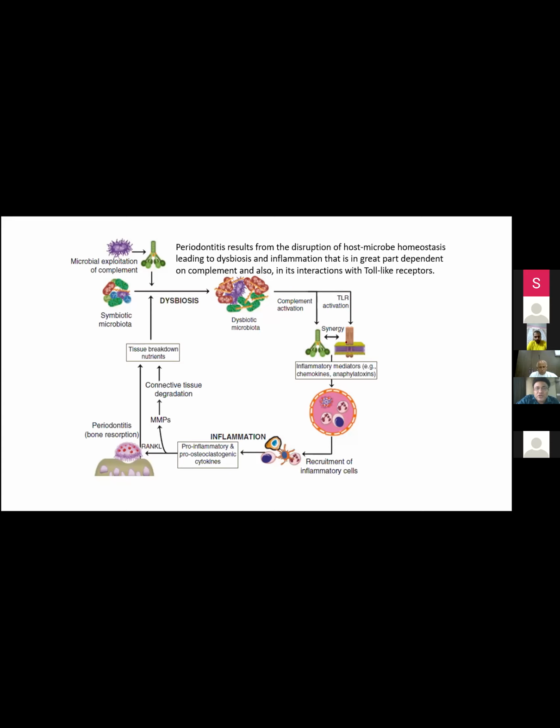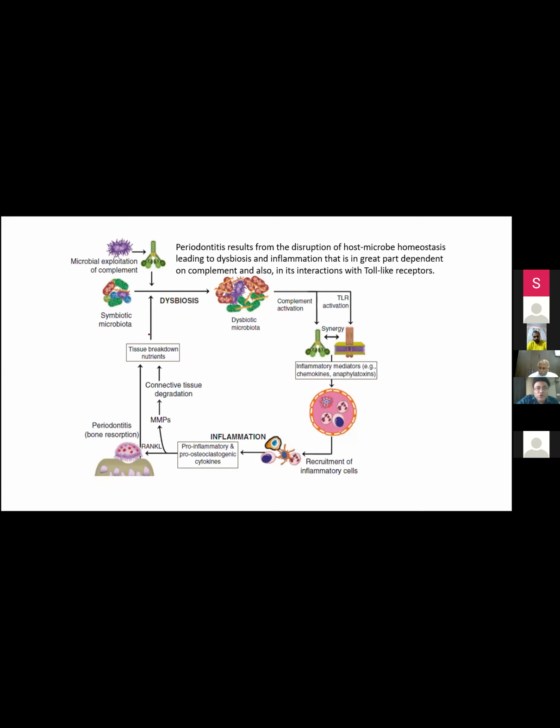As an outcome of this activation, we have got a lot of inflammatory mediators. They are the cytokines, soluble proteins, which act on the cells based on their interaction with the receptors. This recruits more and more inflammatory cells. There is more inflammation, leading to two separate pathways: matrix metalloproteinases, which cause soft tissue destruction, and rank ligand, which causes bone resorption.